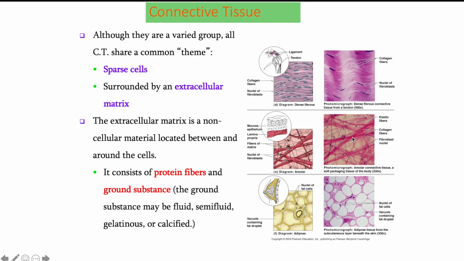This one right here is a softer type, and you can tell it's softer because the protein fibers are not as densely packed with each other, which means that it's going to be more delicate.